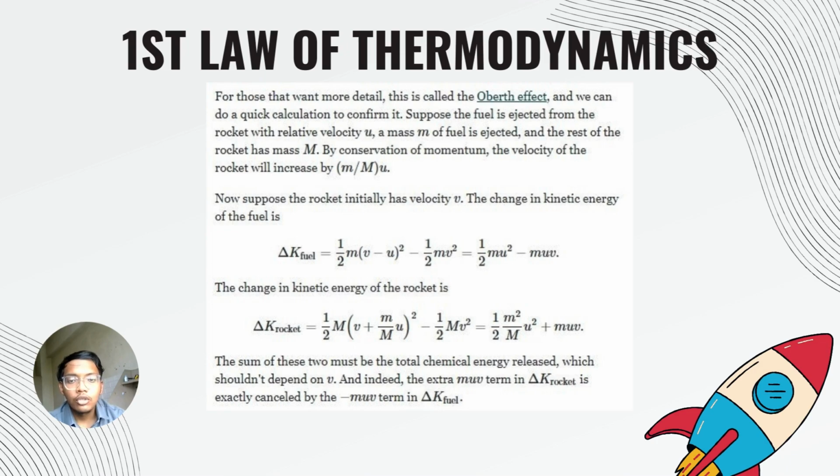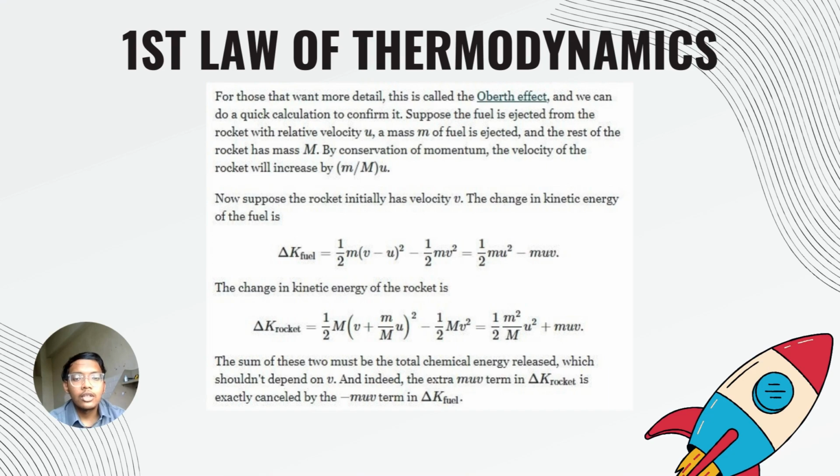Now suppose the rocket initially has velocity v. The change in kinetic energy of the fuel is equal to 1/2 times m times (v minus u), which is final velocity, squared, minus 1/2 mv squared, which is equal to 1/2 mu squared minus muv.